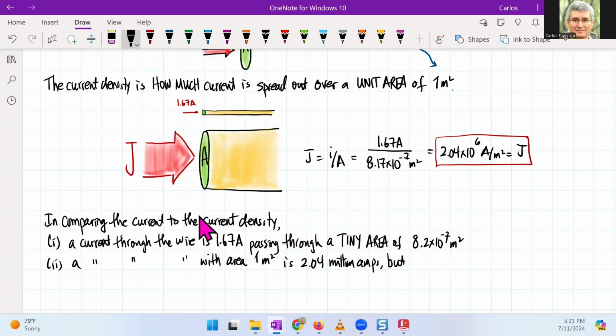But this has proper units, if I could say that, proper units of meters squared.